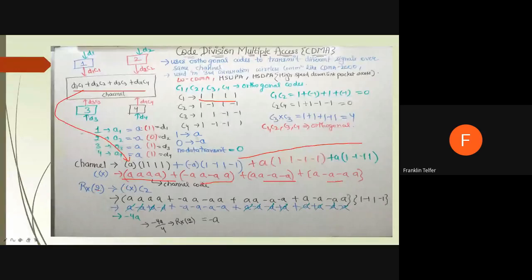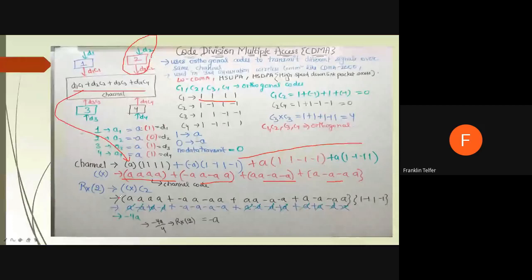So here Rx, the receiver, with respect to 2. Let us take it at the receiver side at the 2. Let us take C of x into C2. That is the channel you are going to receive. So we are going to infer that the data transmitted at the D2 is the same.